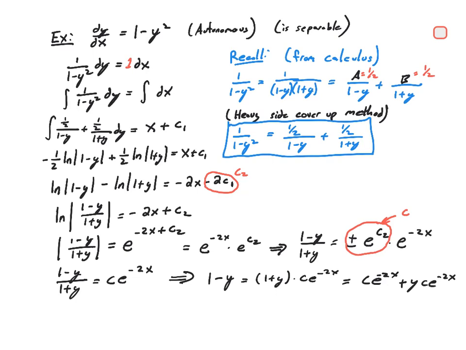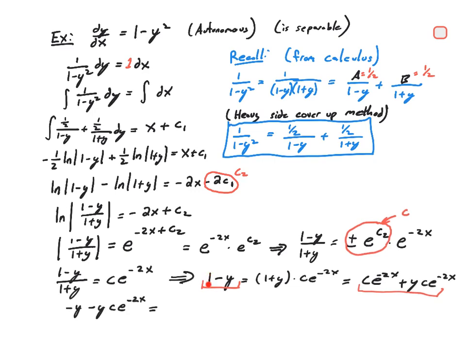Now we have this equation, and this is the left-hand side, and this is the right-hand side. Now to solve for y, I'm going to put all the y's on the left, and then everything else that's not a y on the right. All right, so if I put all the y's on the left, I'm going to have negative y minus y times c times e to the negative 2x, and then everything that's not a y I'm bringing to the right-hand side.